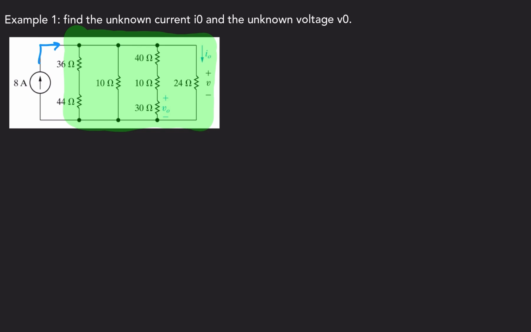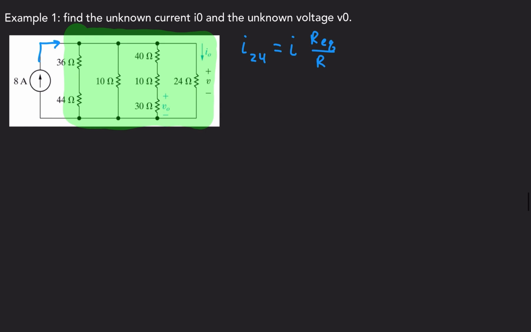So I-24, the current flowing through the 24 ohm resistor, is equal to I times R equivalent divided by R. And that R is 24. I'll just write 24 so I remember.